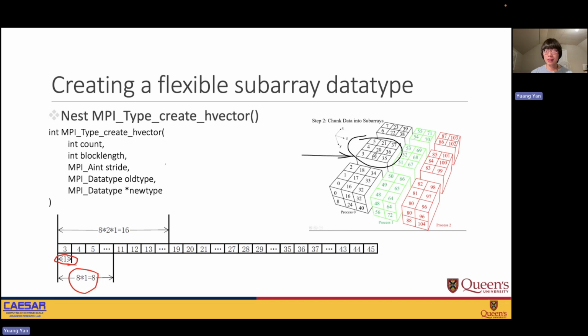And for the z, we have the largest stride. Okay, we can now construct the most conventional data type by nesting the H vector and specifying the strides, the block length and the count in the function.